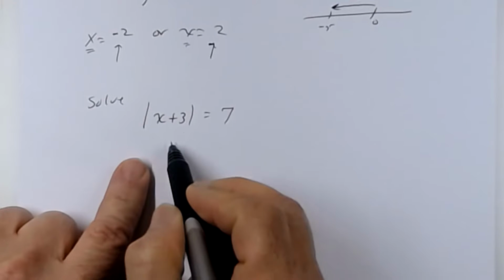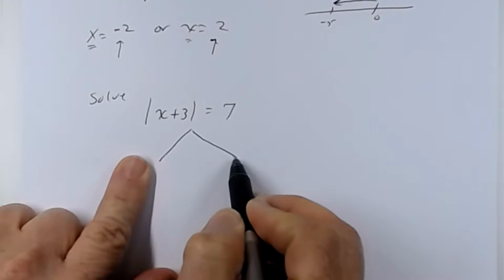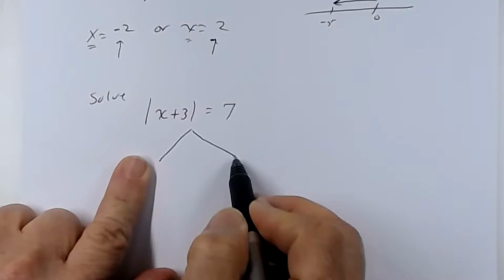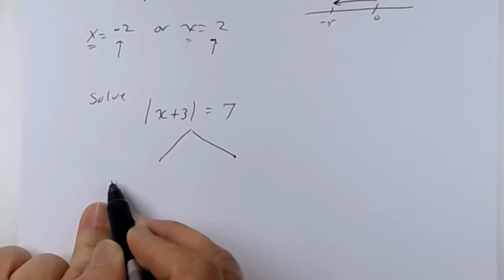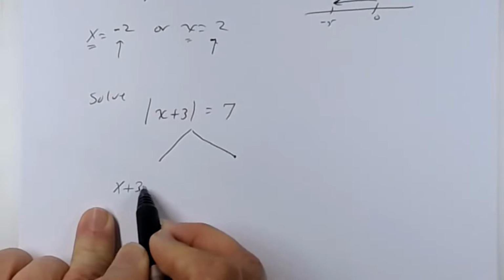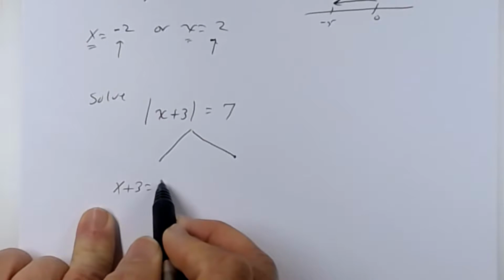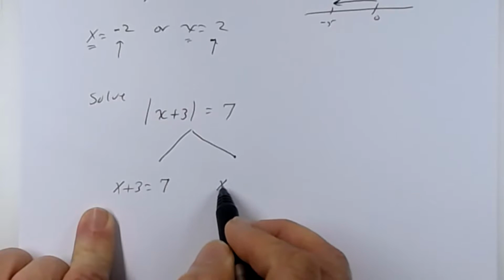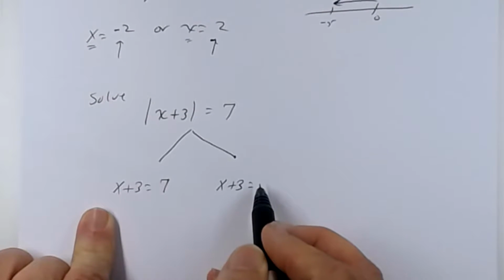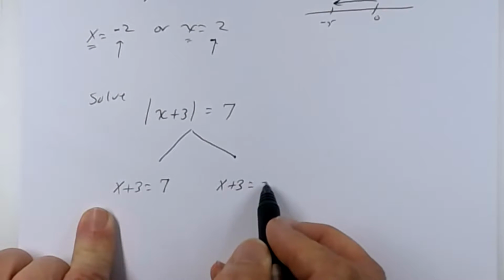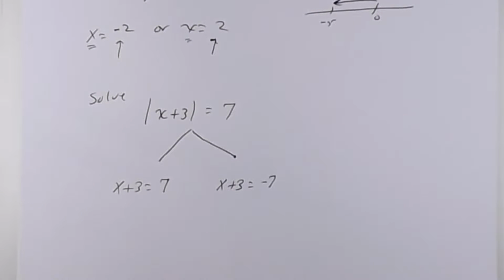All right. So over here, you can break it down into 2 equations without the absolute value bars. What's the expression inside the absolute value bars? So x plus 3 is going to equal the other side. What's the other side? 7. And then x plus 3 is going to equal the opposite of the other side, which is what? -7. And you just solve those 2 linear equations.